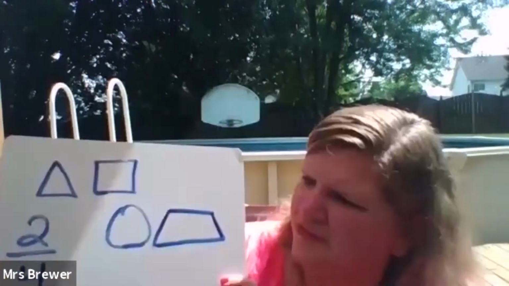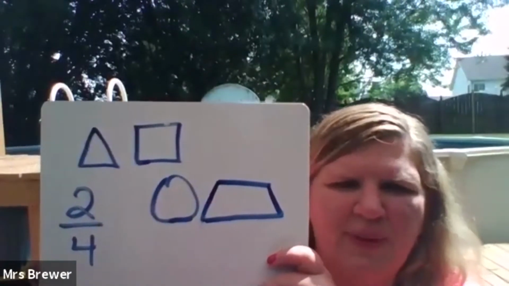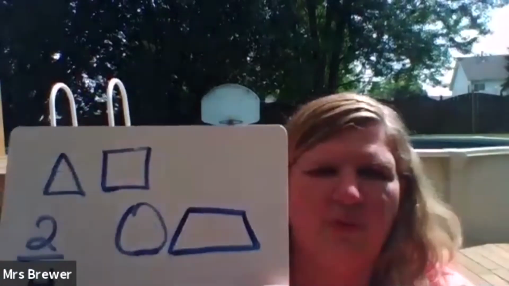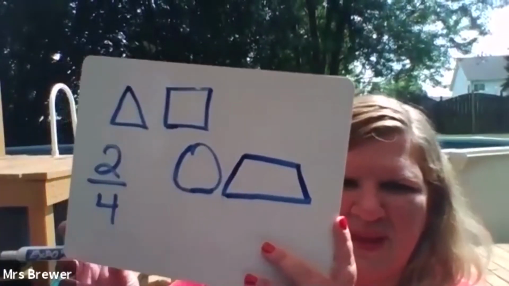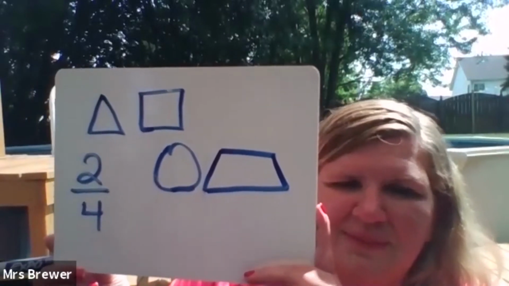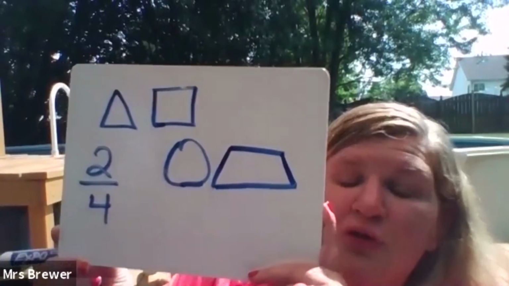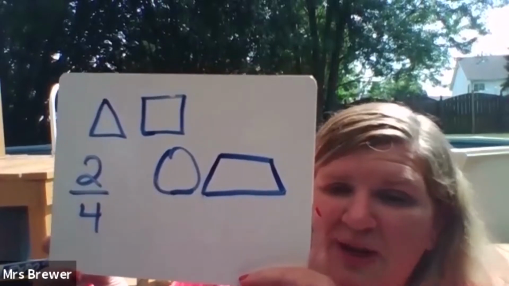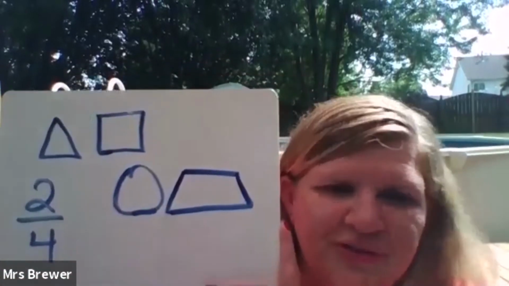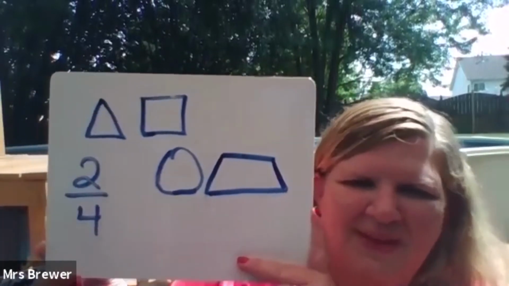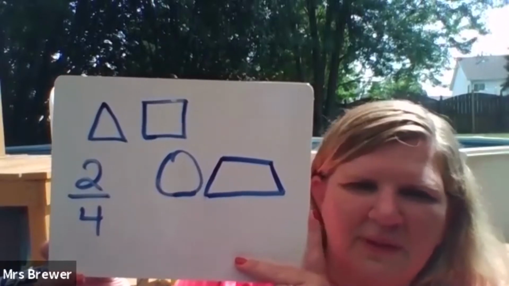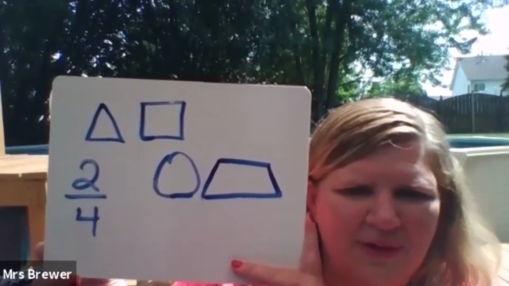Oh, so I heard that 2 of my shapes are not quadrilaterals. We knew the triangle and the circle are not quadrilaterals, right? And how many shapes do I have in all? You're right, 4. So 2/4 of my shapes are quadrilaterals, and 2/4, don't forget that at the end, of my shapes are not quadrilateral. Huh, kind of crazy how that works, huh?